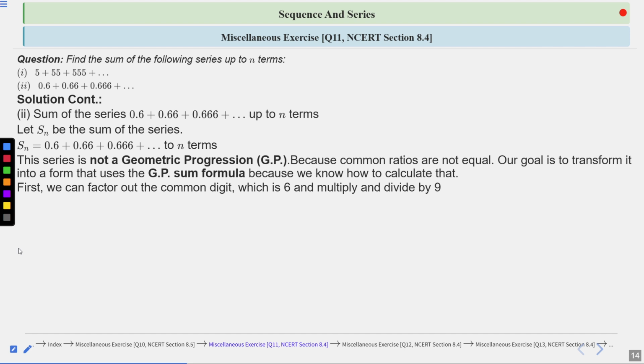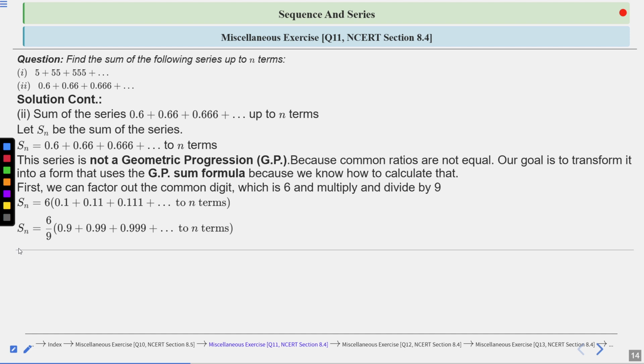First, we can factor out the common digit, which is 6, and multiply and divide by 9, right? So Sn will be 6 times (0.1 plus 0.11 plus 0.111 up to n terms), right? So Sn will be 6 upon 9 into (0.9 plus 0.99 plus 0.999 up to n terms), right?